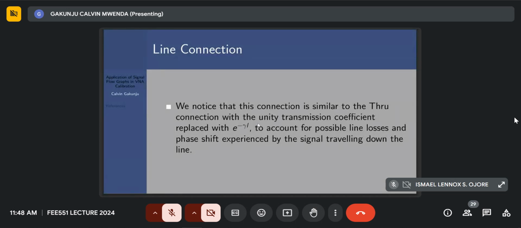In other words, the e power negative gamma L has been included to account for losses and phase shift experienced, or what we noted as phase delay.